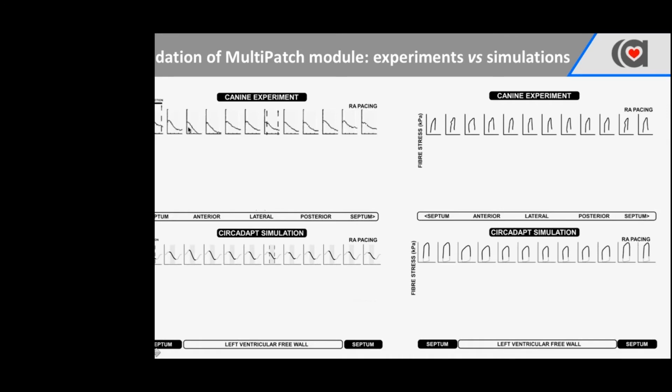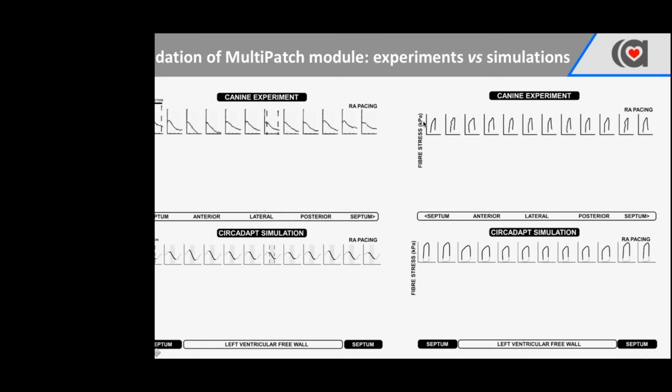You see curves related to the anterior aspect of the left ventricle, then the lateral, then the posterior part, and then the septum. With right atrial pacing, you see that the strain at the various locations within the left ventricle is more or less homogeneous. Fiber stress also is a more or less homogeneous pattern for the same locations during right atrial pacing.